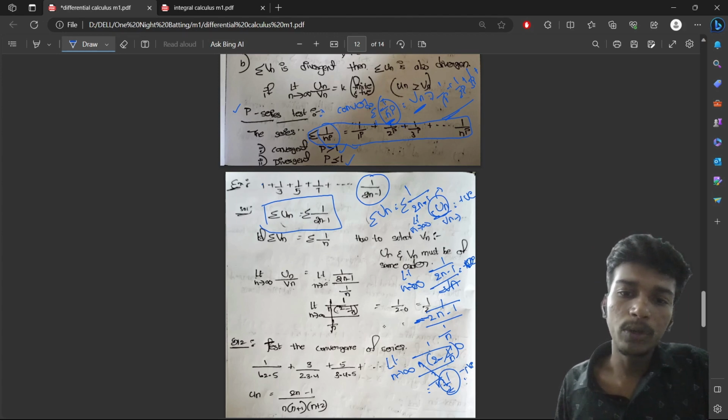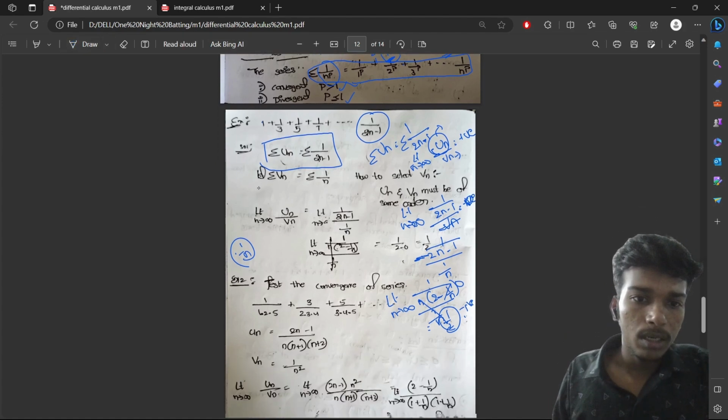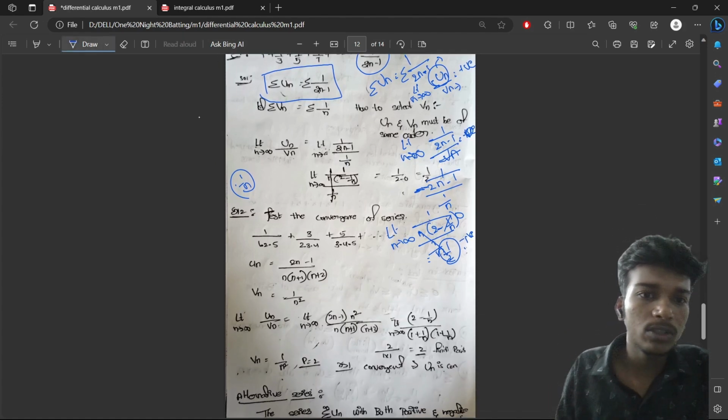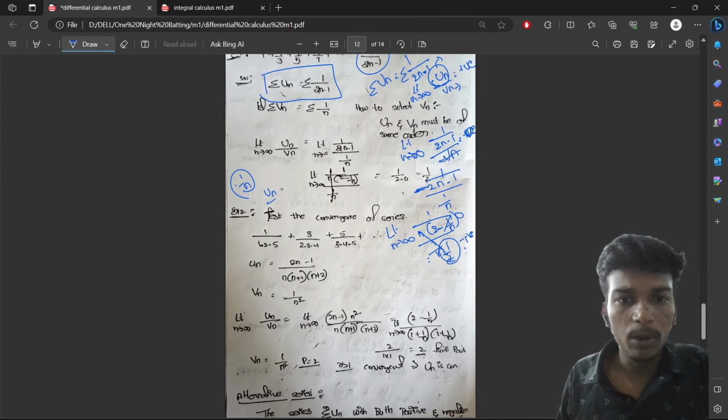Now, if we know what type of series 1 by n is, we can judge the convergence and divergence of this Vn. To judge the convergence or divergence of Vn, we just talked about the P series test.